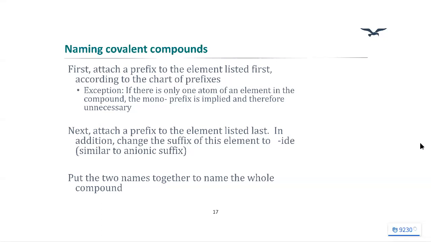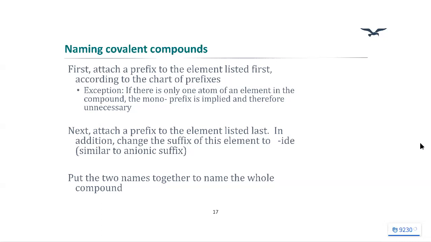For the first element, we attach a prefix to it, unless there's only one. If I only have one of that first element, we assume one is implied and we don't put a prefix on it. To the second element, we do the same thing. Prefix on the front, but we also add that IDE suffix on the end.